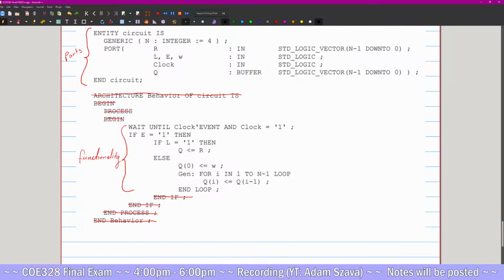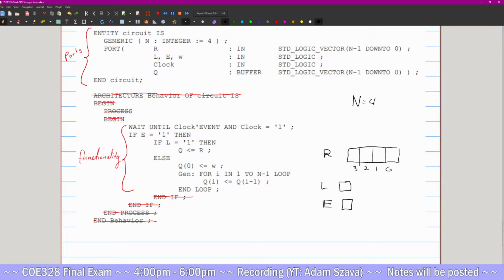So what I'll do to understand this, we have to try to understand. So of course, N is 4, right? So that means that this R here is 3, 2, 1, 0. It's R3, R2, R1, R0. Then we have L, which is just a single value. We have E, just a single value. We have W, just a single value.